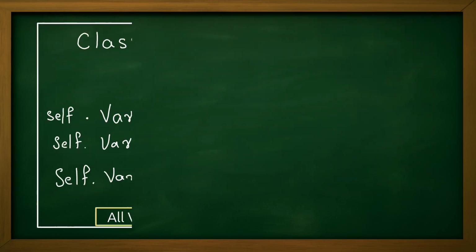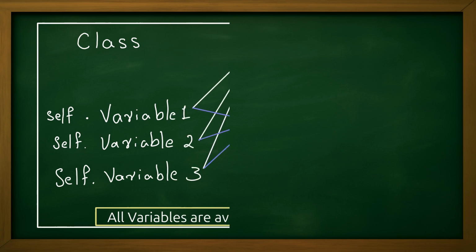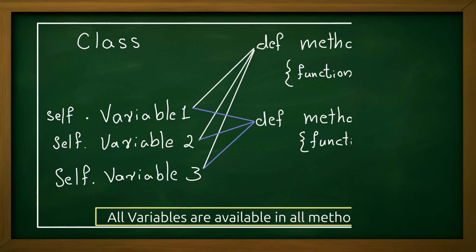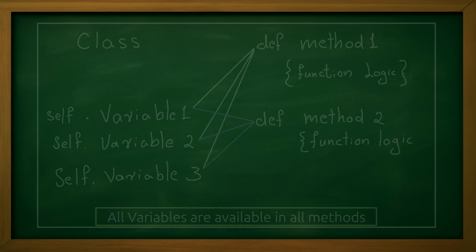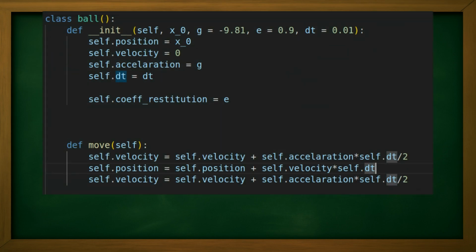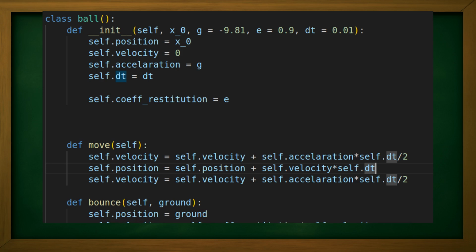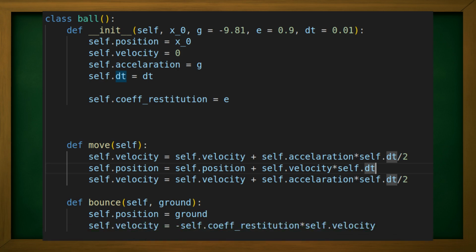This shared scope of variables is a powerful feature in classes that allows us to break down complex functions into multiple smaller functions without having to share variables across them each time. To complete the ball class, we need a bounce function. This function is called when the simulation detects the ball has gone below the ground.